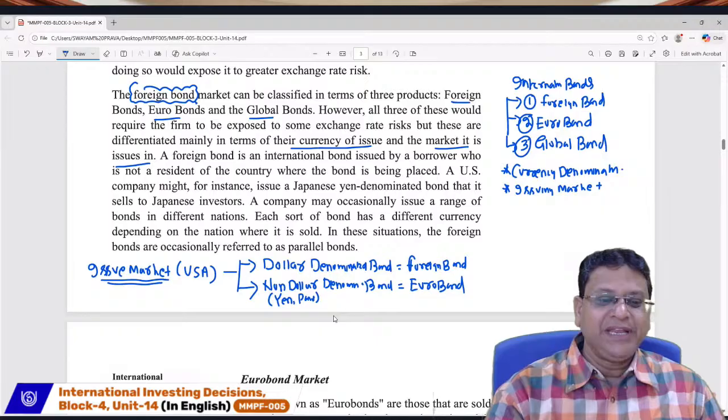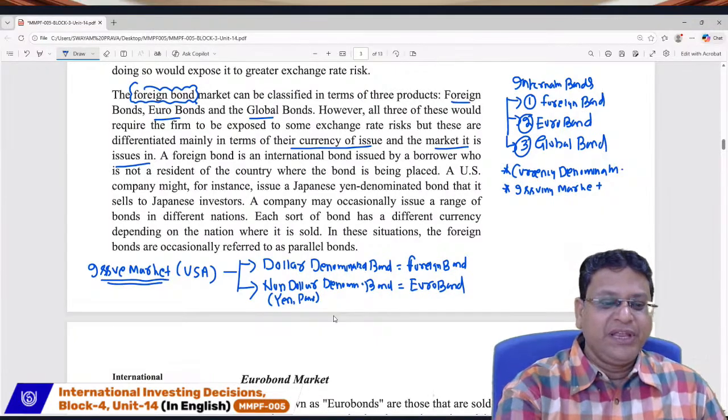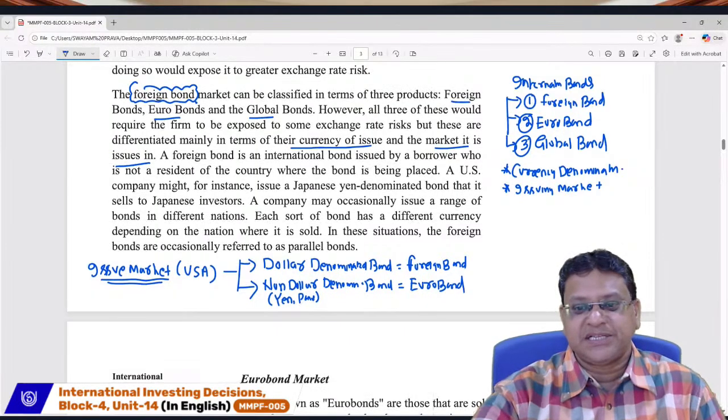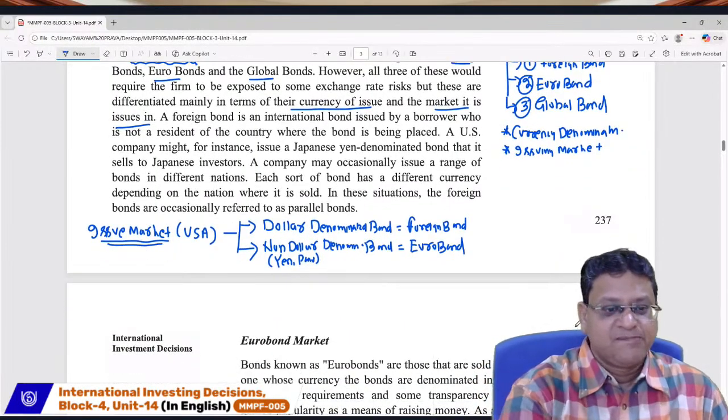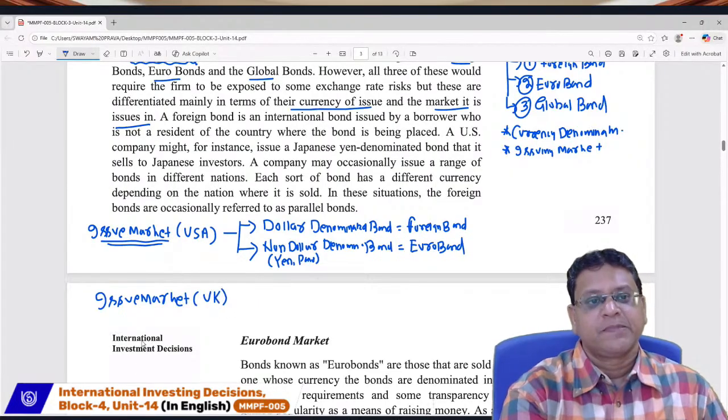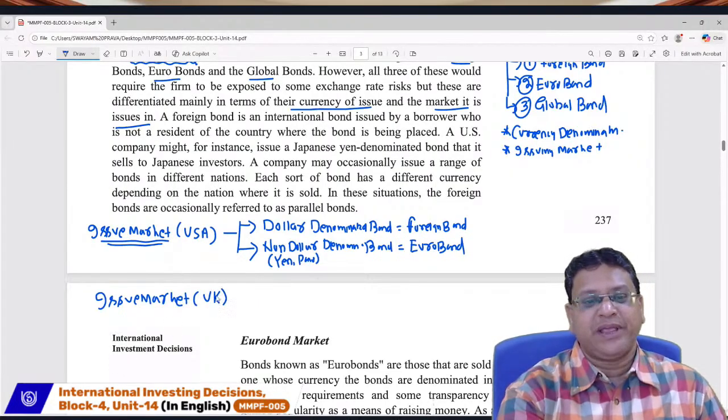Let's take an example. In UK a bond is issued. So issue market is UK. If issue market is UK, what is the currency of UK?